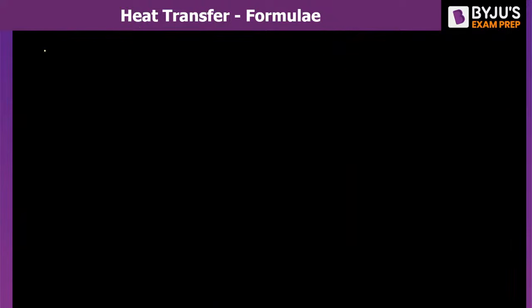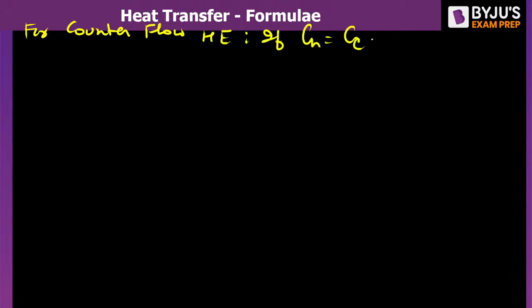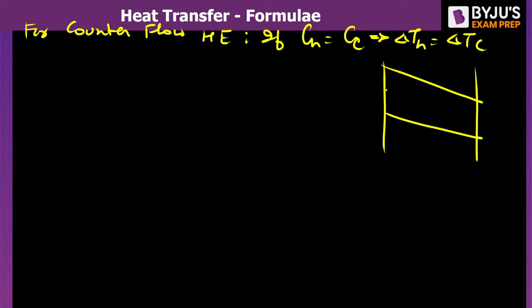And for a counter flow heat exchanger, if CH is equal to CC, or we can say delta TH is equal to delta TC, then the temperature profile will be straight lines like this. This is TH1, this is TH2, this is TC1, this is TC2. In this case, this is the special case of counter flow heat exchanger.